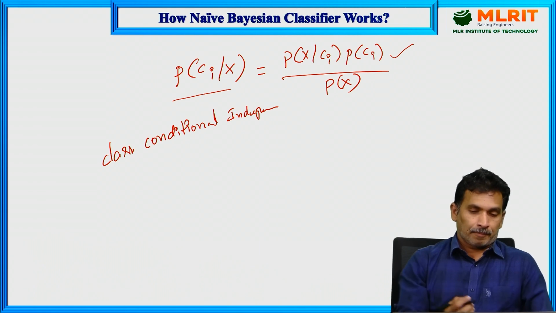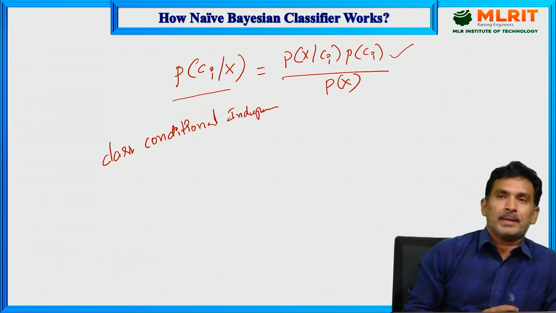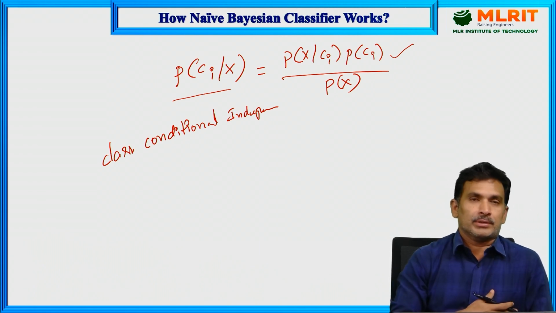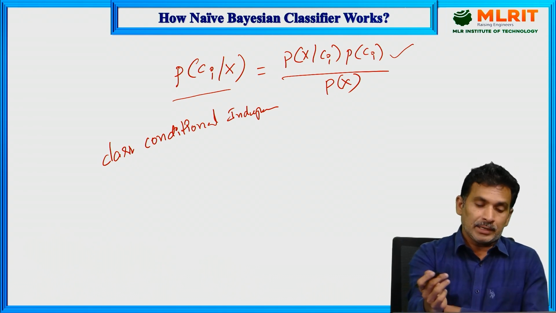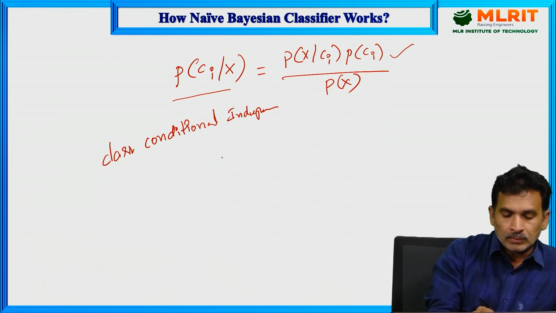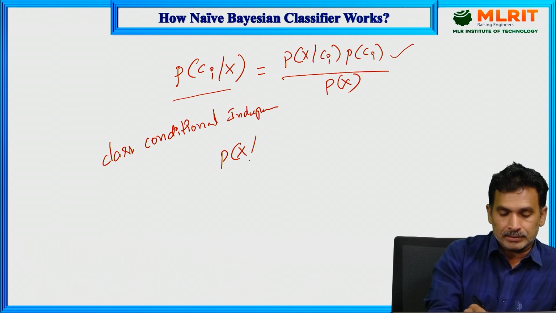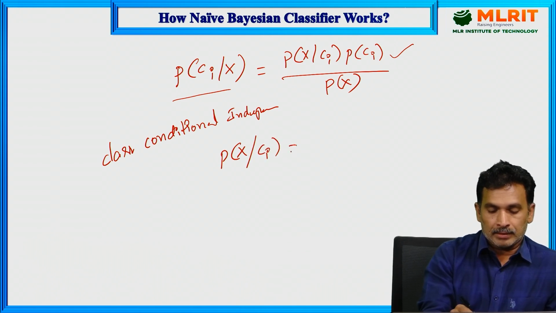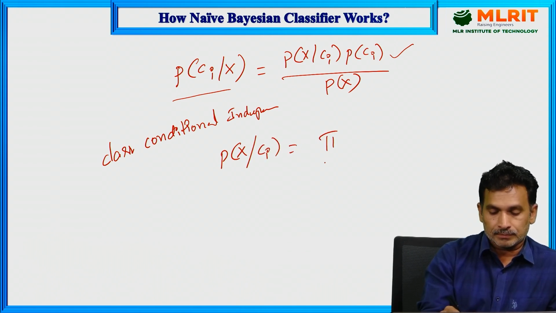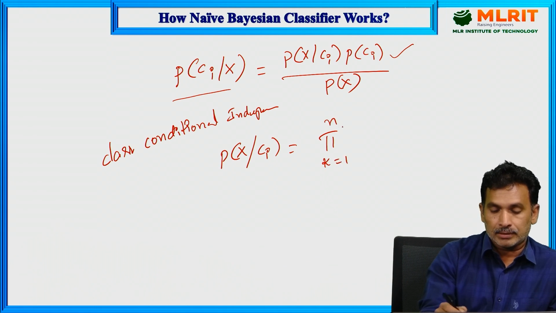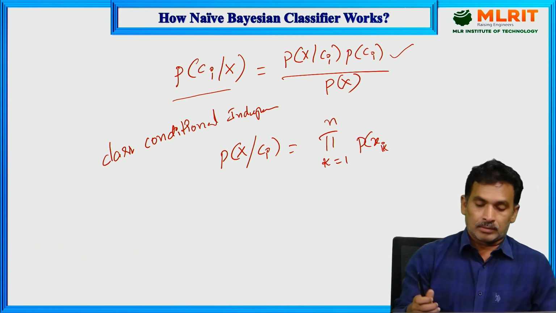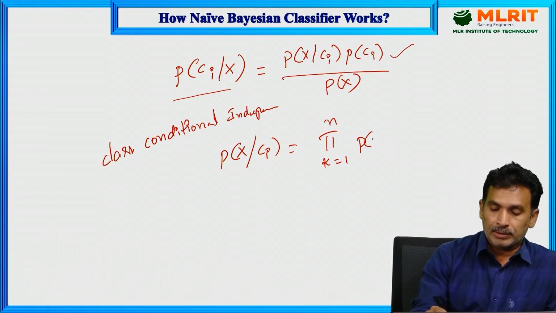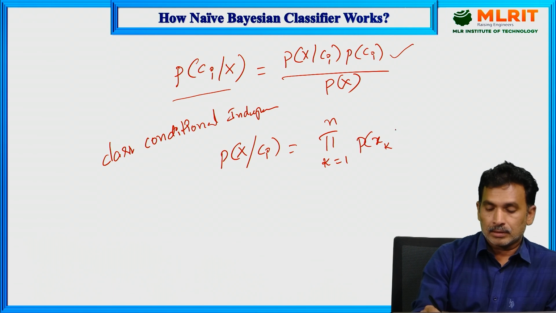That means there is no dependency among the attributes. It can be defined as the probability of x given Ci equals the product, k varying from 1 to n, of p of xk given Ci.